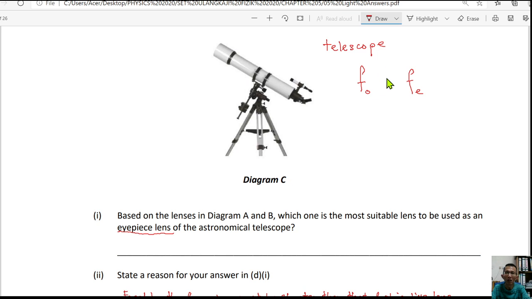Okay, so for telescope, we are looking at distant object, very far object, then the focal length of the objective lens must be greater than the focal length of the eyepiece, right? So if we go to our diagram A and diagram B just now, which one has a lower focal length? Okay, so definitely diagram B.